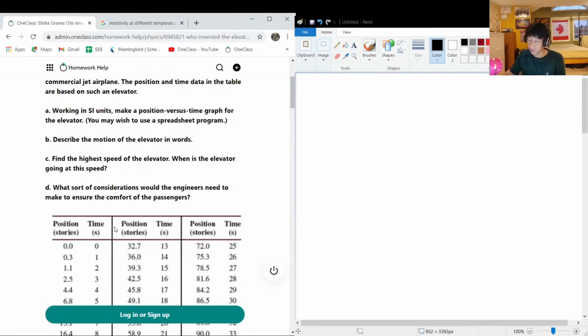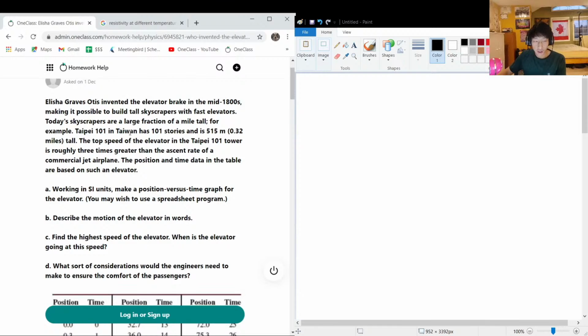In some buildings it could be 3 meters, in other buildings it could be 5 meters, a storybook might be 2 meters. We have to be more specific with what units are. So we know that for this particular tower we have 101 stories. So it's Taipei 101. I've never been to Taipei, but I would love to one day. Taipei 101. We got 101 stories.